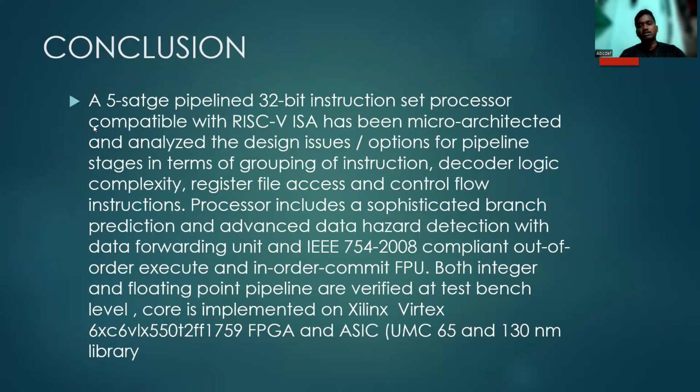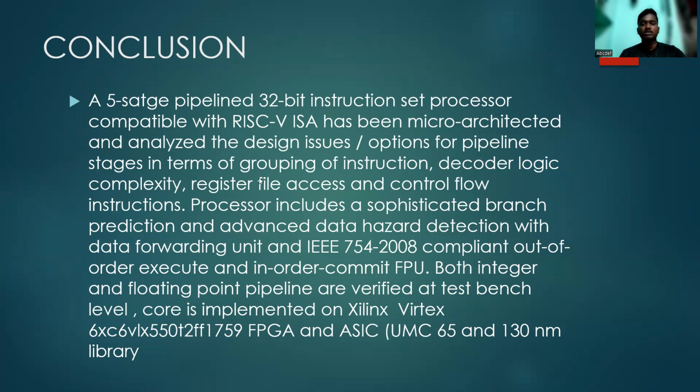And the conclusion is a 5-stage pipeline 32-bit instruction set processor compatible with the RISC-V ISA has been micro-architectured and analyzed for the design issues and options for pipeline stages.